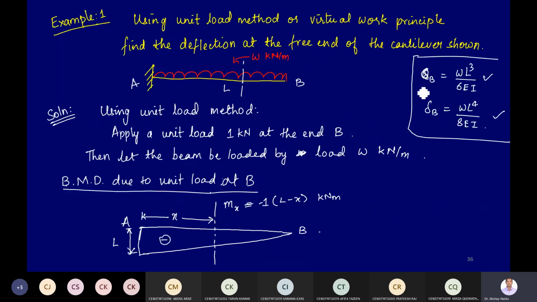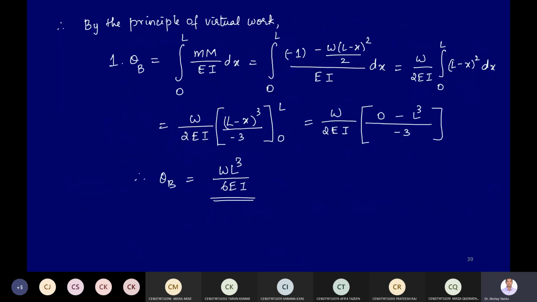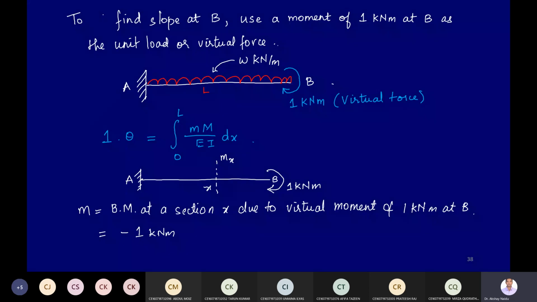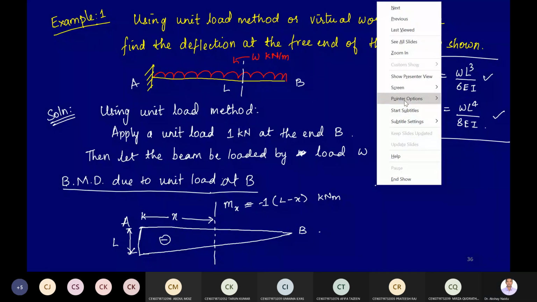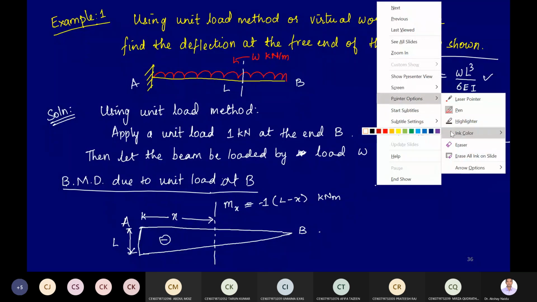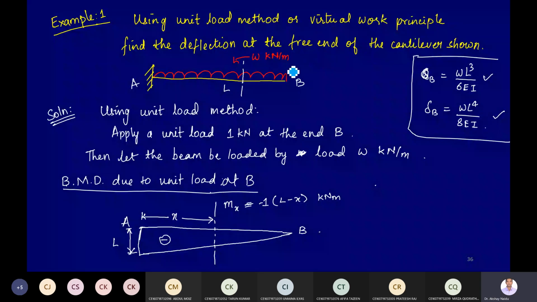Slope. So to find slope, I introduced a virtual moment of 1 kilonewton meter. To find the displacement at B, I used a virtual load.